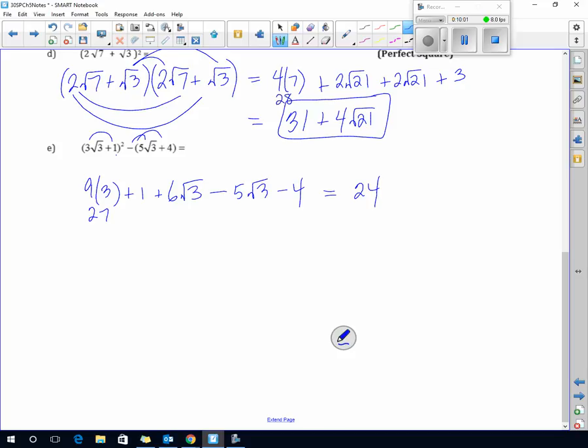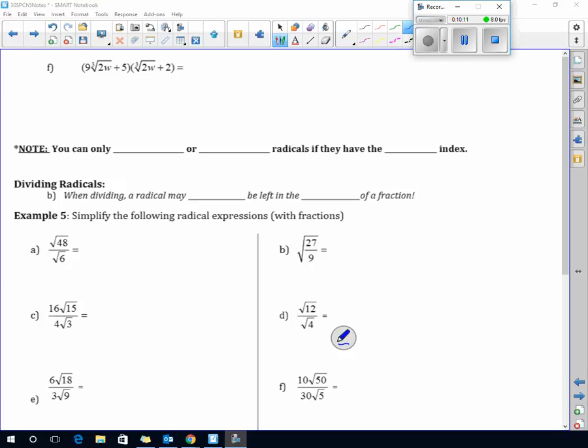Okay, so there's an F apparently. Okay, it's a FOIL again. So what do we get when we FOIL those together? That's a cube root now, right? So we're going to get 9 cube root 4W squared. Is everybody good with that?